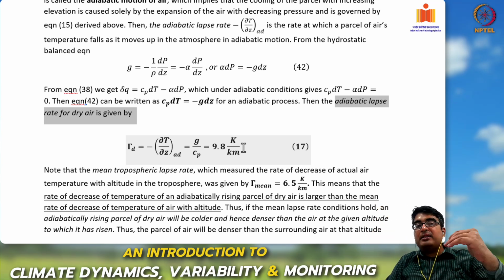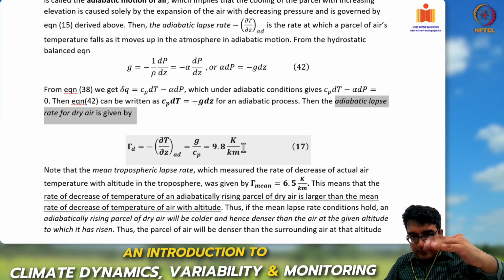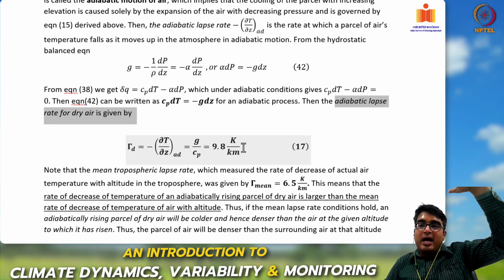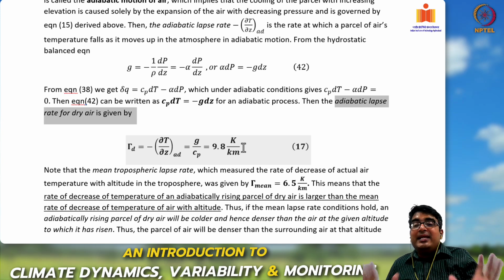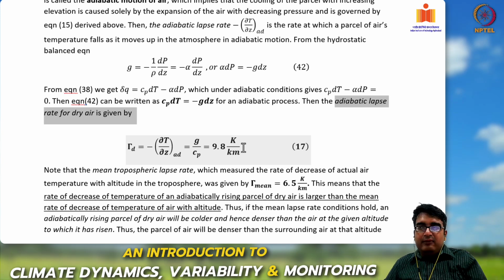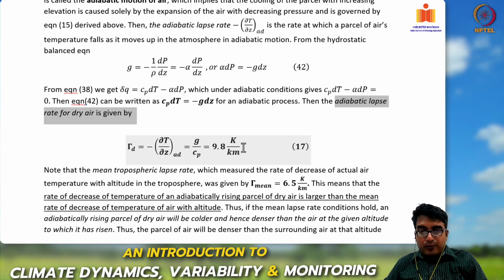So if the parcel moves from sea level and its temperature is say 298 kelvins, and it goes 1 kilometer up through an adiabatic process, no heat transfer with the surroundings, then it will cool by 9.8 kelvins. So approximately its temperature will be 288 kelvins after 1 kilometer rise, and so on and so forth. Every kilometer rise, an adiabatic parcel of air will cool by 9.8 kelvins.